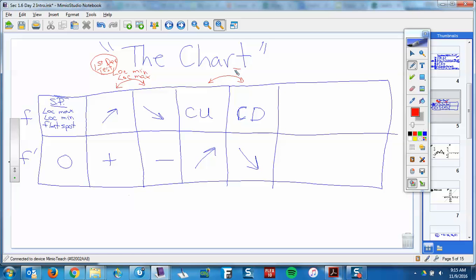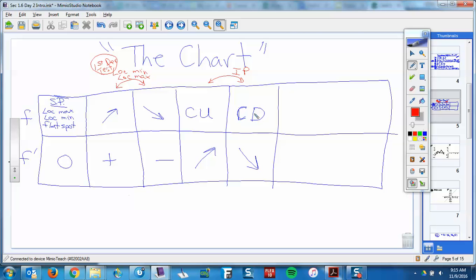You got an inflection point. If F prime goes from here to here, or here to here, then you've got F switching concavity. Therefore, you've got an inflection. So there you go. That encompasses everything we just had in that list of connections, right?